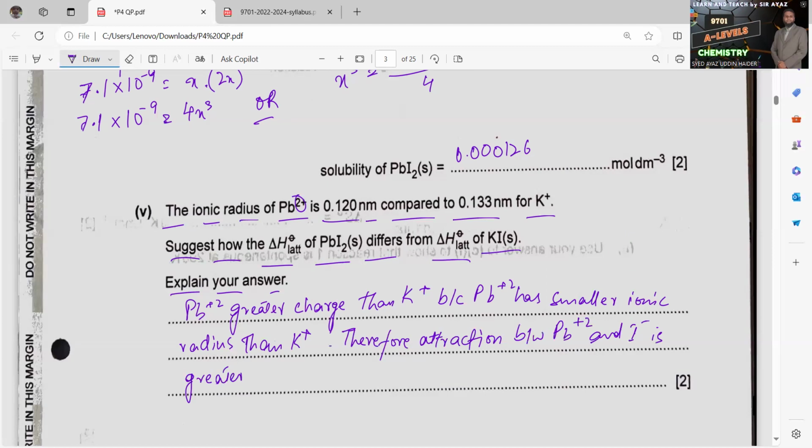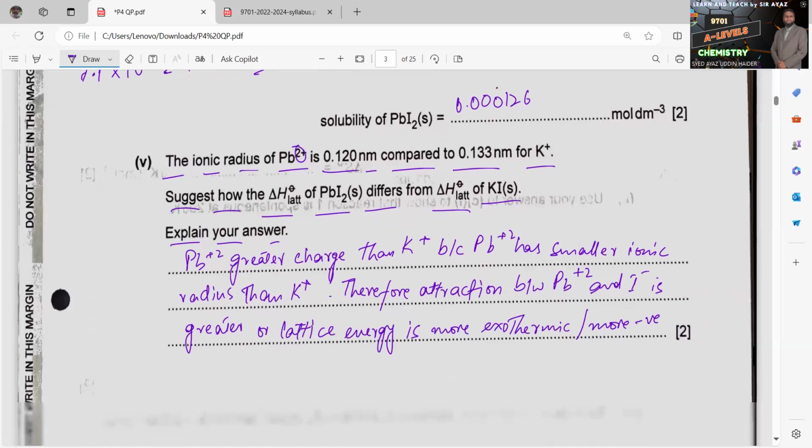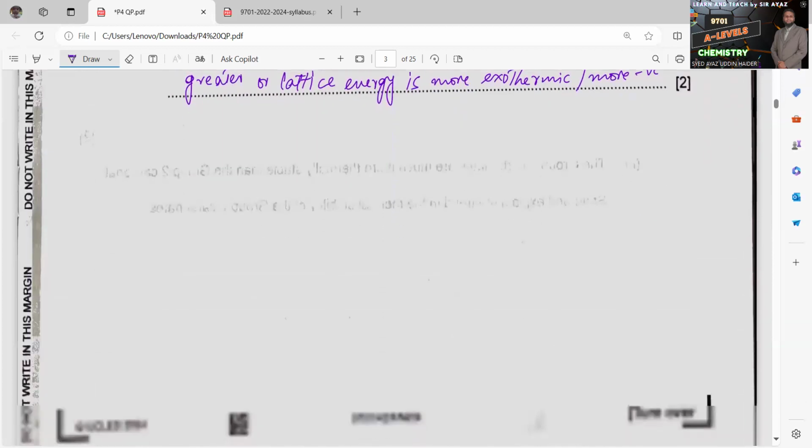You can even refer to the lattice energy. It should be more exothermic, or lattice energy is more exothermic, more negative. That is the energy released when the electrostatic attraction is formed between Pb2+ and I-.